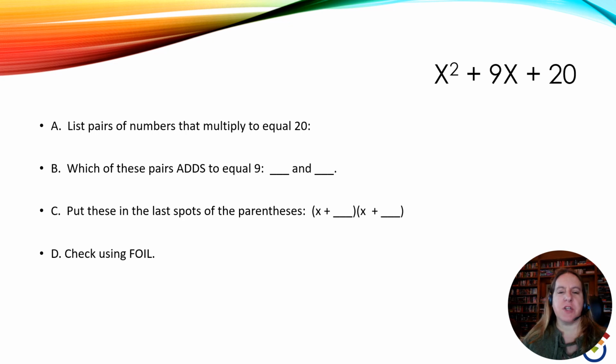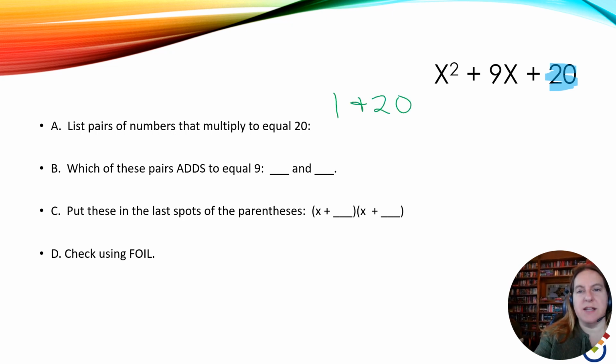What we're going to do is always start by looking at the last number, in this case, plus 20. We're going to list all pairs of numbers that multiply to equal 20. I think this is easiest to do if you use logic and some patterns. For example, you're always going to have 1 and that number, so 1 and 20.